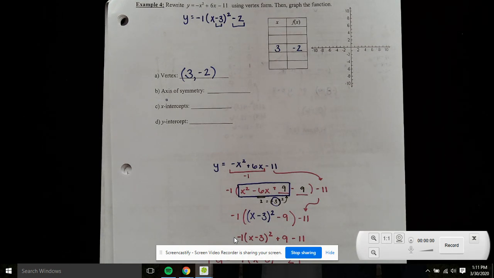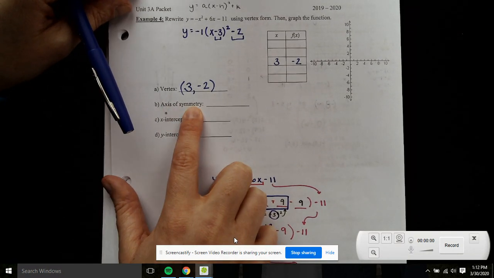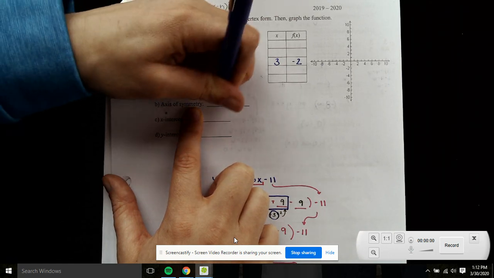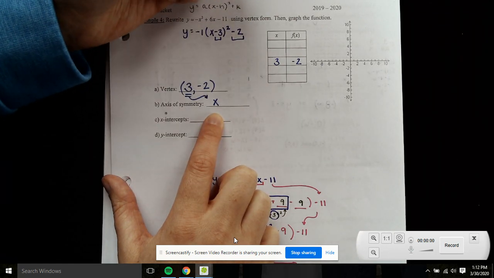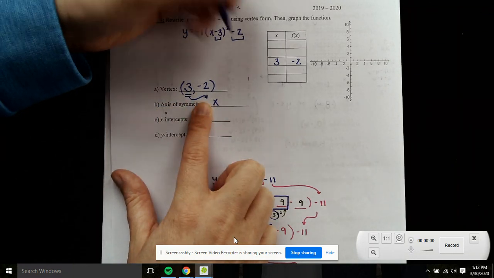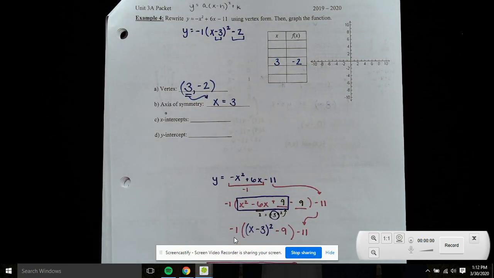And that goes right in the middle of my table. Now, something you should remember from your standard form graphing is that the vertex has the same x value as your axis of symmetry. So this value of 3 is the same as the axis of symmetry, because we can remember that the vertex lies on the axis of symmetry. So I've got x equals 3 as my axis of symmetry.